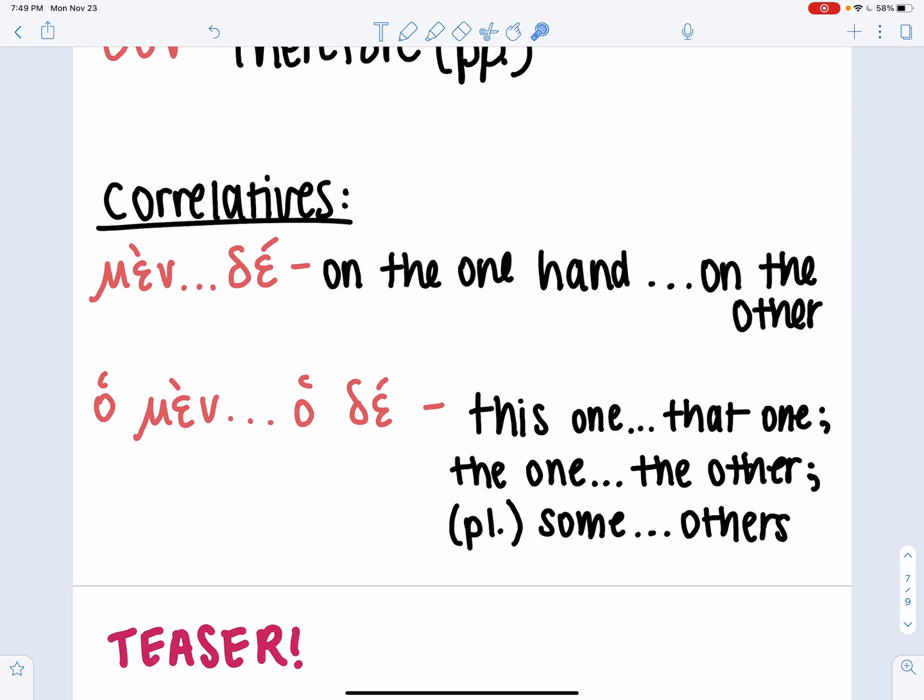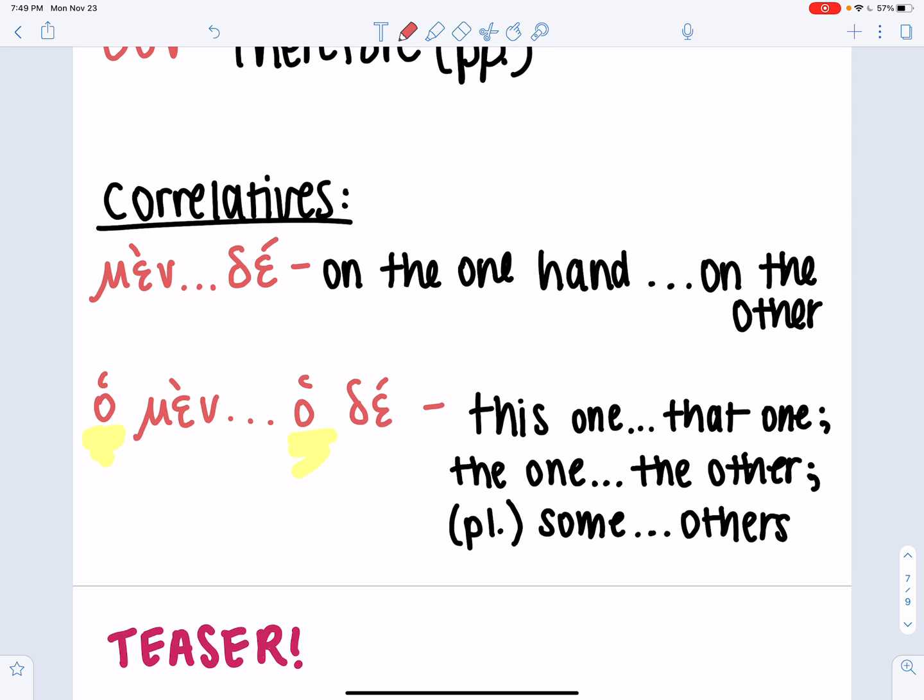Pretty logical. What's important to understand here is that you can't just use the ho masculine article for any noun, right? That wouldn't make sense, because if you have a feminine noun or a neuter noun following this ho men, you're not going to be using ho with that noun. If the men weren't there, you wouldn't want to stick a ho before the noun.